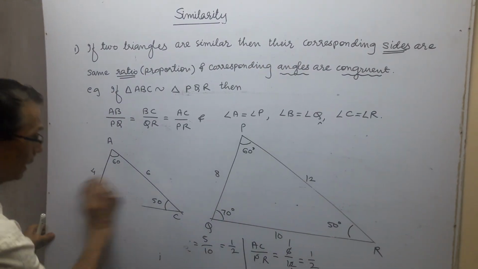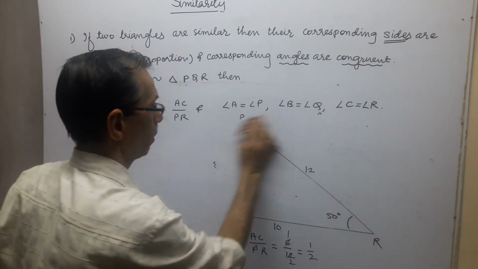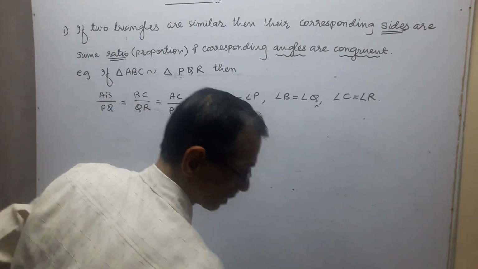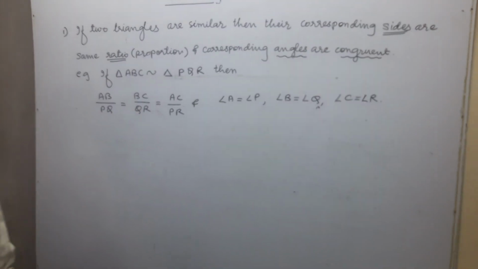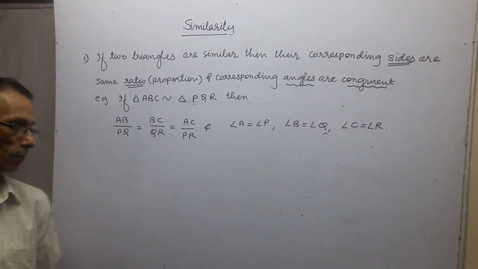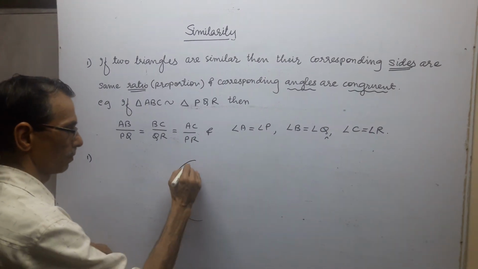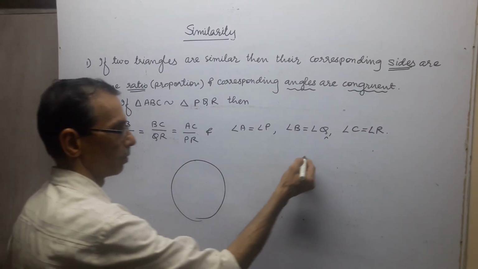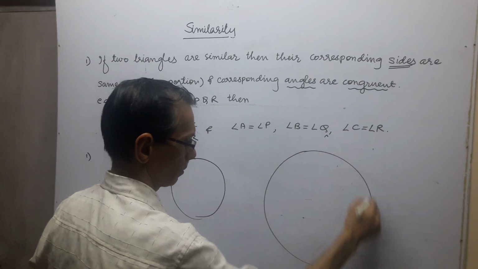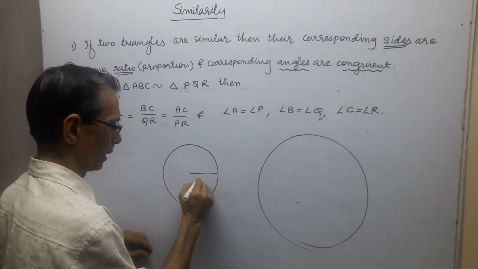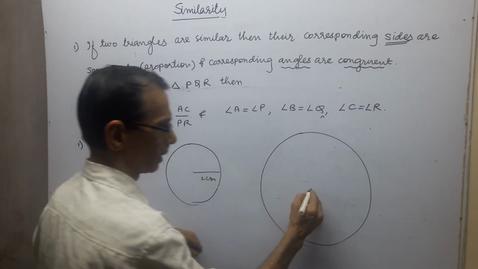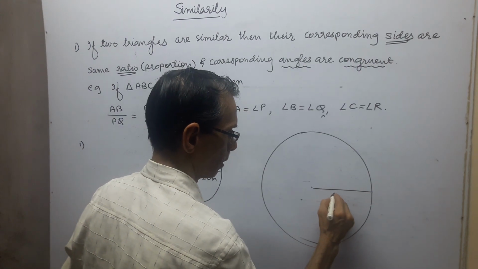Now, which are the geometric figures that are always similar? For example, take two circles, one smaller with radius, suppose, 2 centimeters, and the other larger with radius, suppose, 4 centimeters.